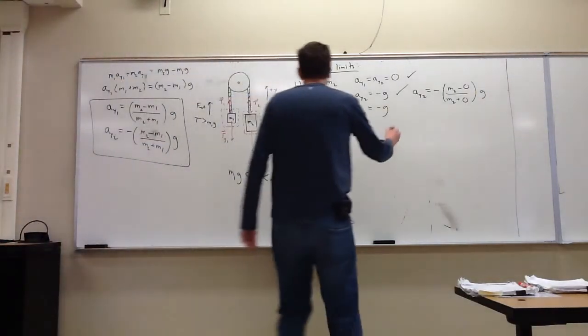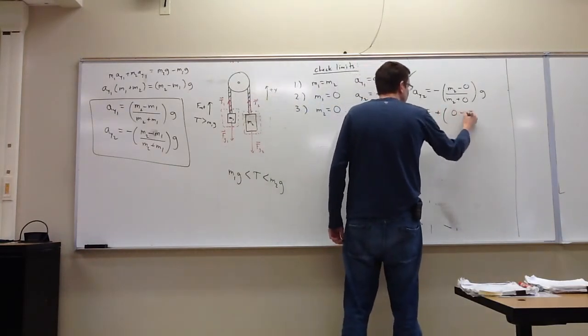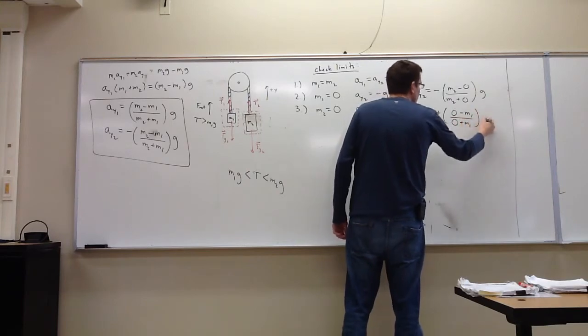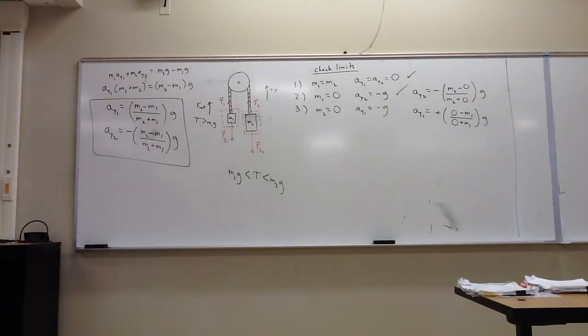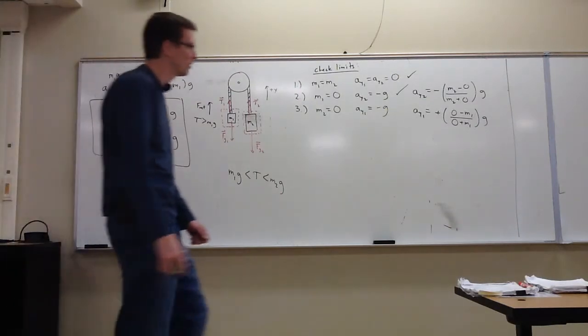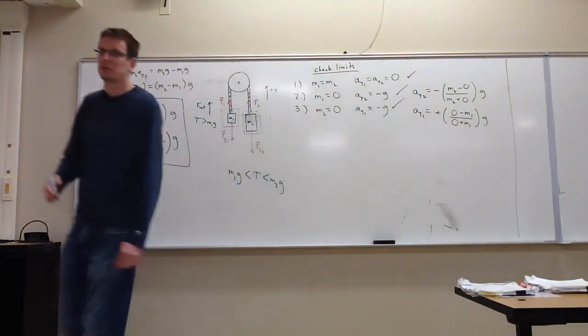So let's plug in ay1, and we'll plug in that mass 2 is 0. What's the quantity in parentheses now? Negative 1, which still makes this minus g, right? Checks out.